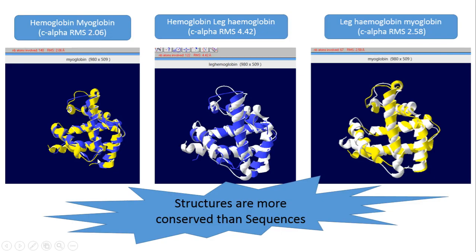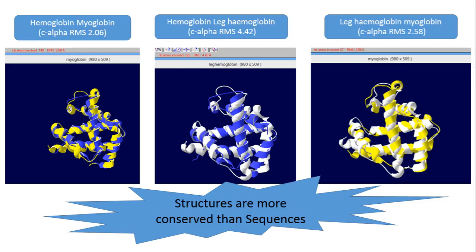If you remember, yesterday we concluded that when we superimpose the hemoglobin and myoglobin structures and calculate RMSD, we got a root mean square deviation value of 2.06, considering the C alpha carbon atoms in both the structures.